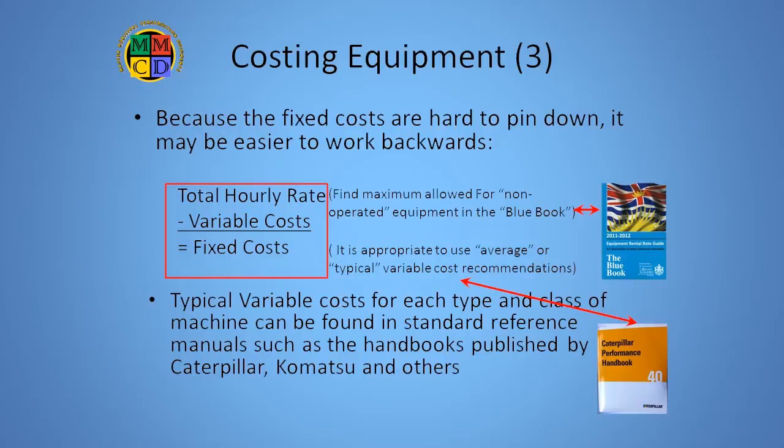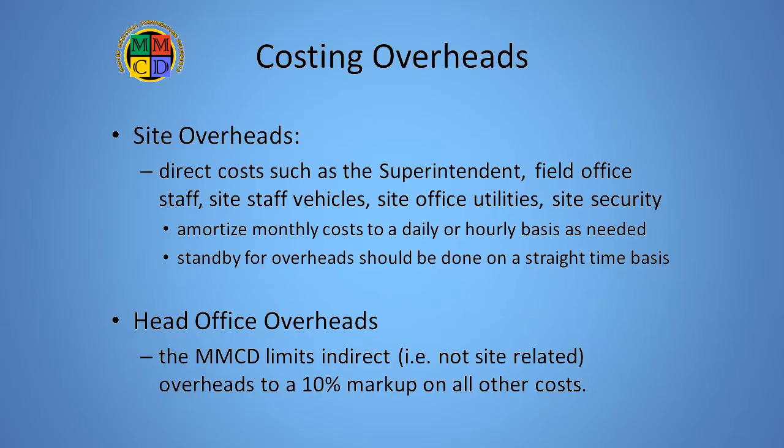Even if you don't have a manufacturer's handbook for the make of equipment under analysis, another manufacturer's handbook will put you in the right neighborhood. There's not a lot of spread in variable costs among similar machines, with the possible exception of fuel consumption, which is something the contractor will know with some accuracy. Finally, let's consider overheads.